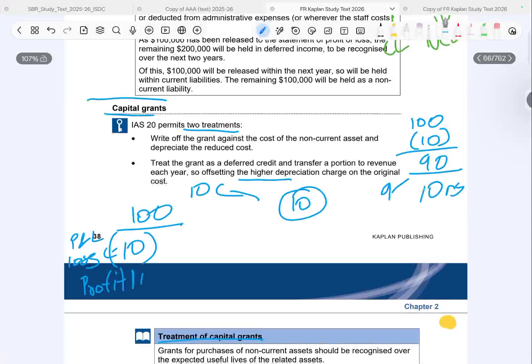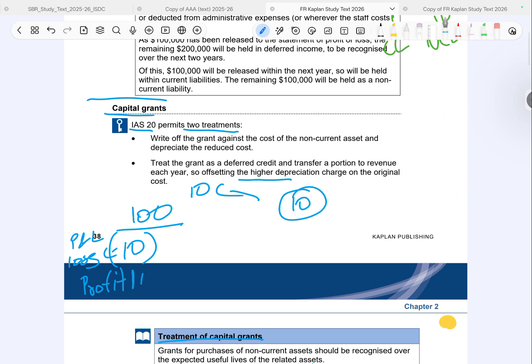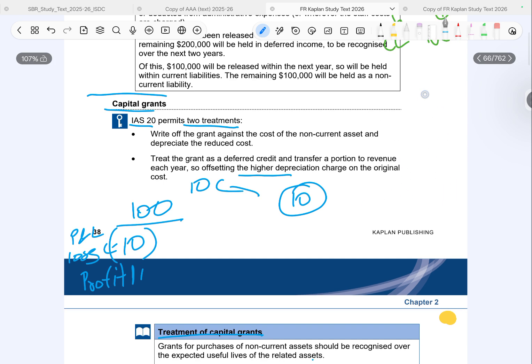So according to IAS 20, it permits two treatments to treat capital grants. First is we write off the grant against the cost of the non-current asset and depreciate the reduced cost. So let's say we have purchased a non-current asset worth 50, and we receive a grant.